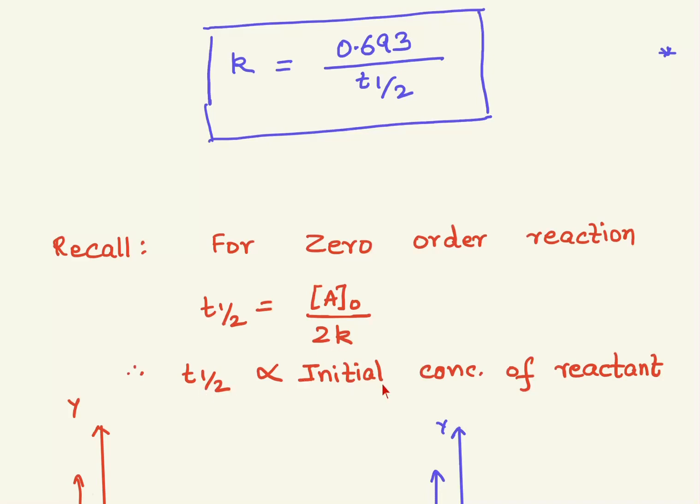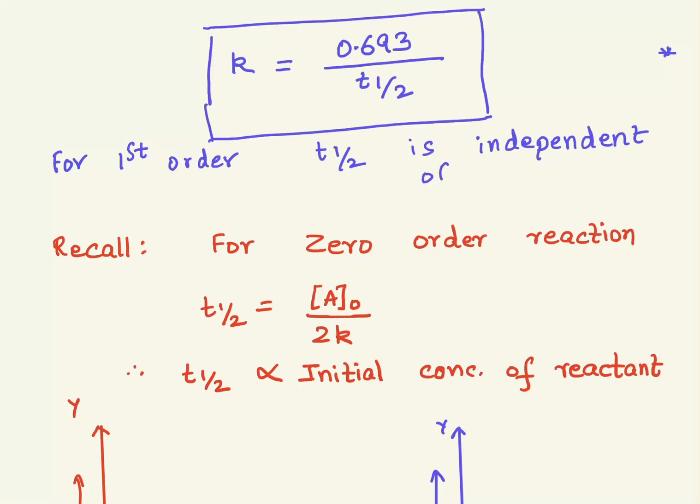So half-life was dependent on the initial concentration of the reactant. Whereas for the first order reaction, yes, half-life is independent of initial concentration. Why and how this happens, we shall talk about in a separate video.